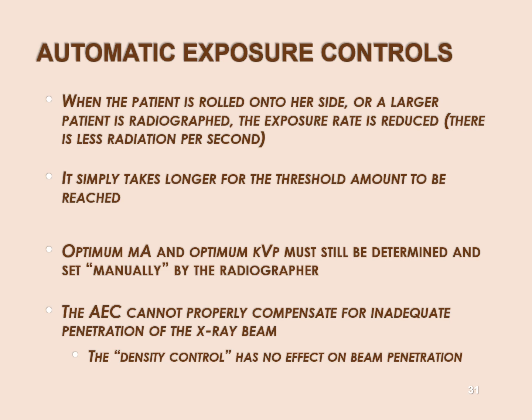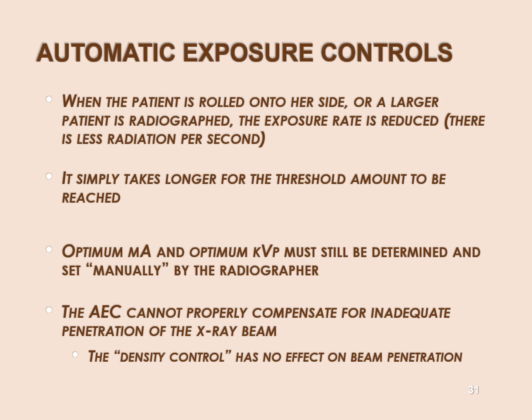Okay? And so if you're shooting AEC AP lumbar spines, and then you shoot AEC lateral lumbar spines, and everything else is the same, your lateral lumbar spine exposures are going to run longer because you're going through twice the thickness of anatomy. Okay?